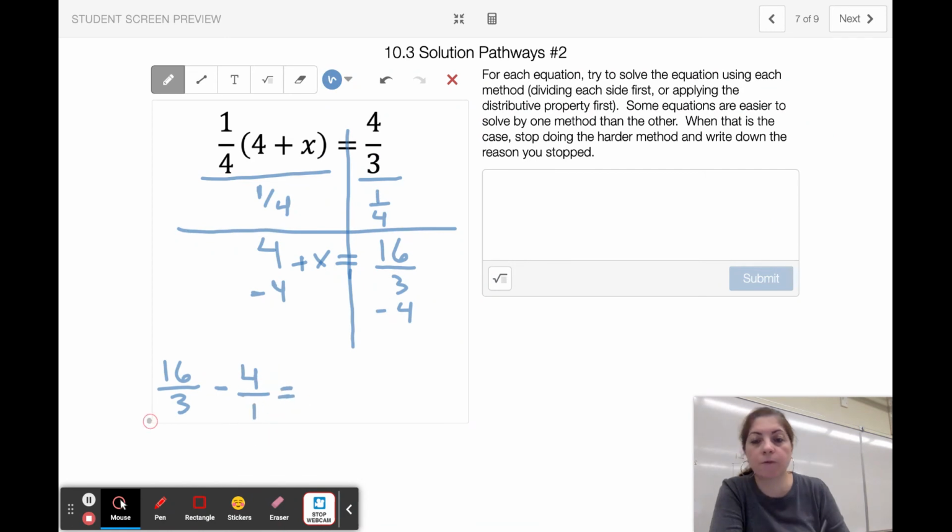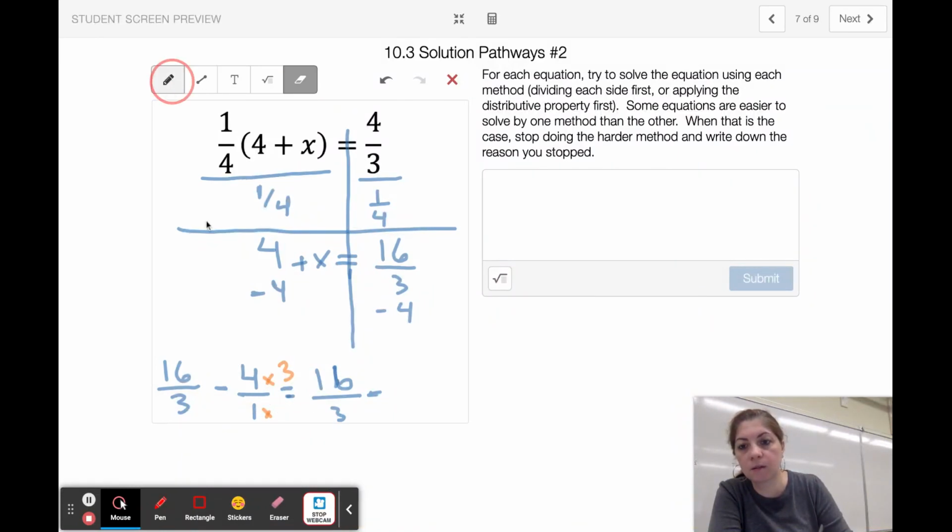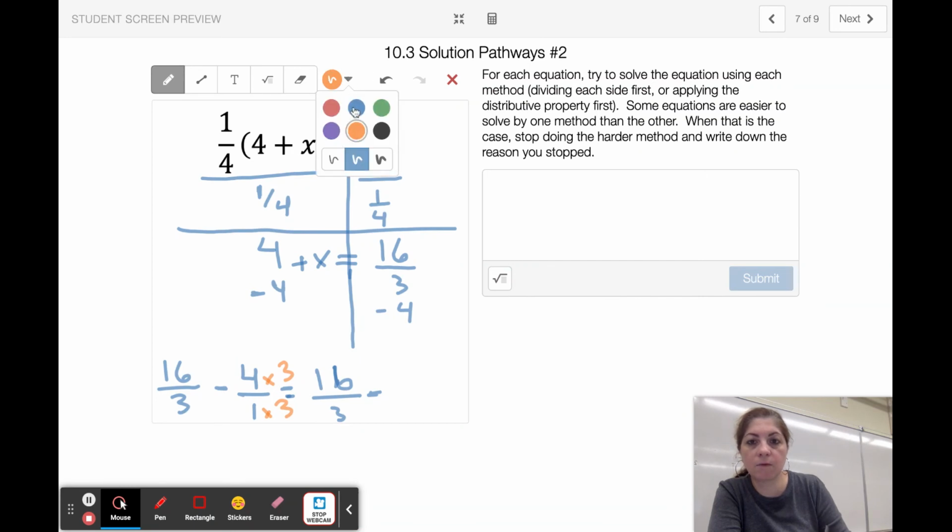If you remember, for adding and subtracting fractions, you need to have a common denominator. So I'm going to keep 16/3 and I am going to change this to a denominator of 3. So if I multiply 4 by 3 over 3, let me rewrite this, times 3, that is going to give me 12/3.